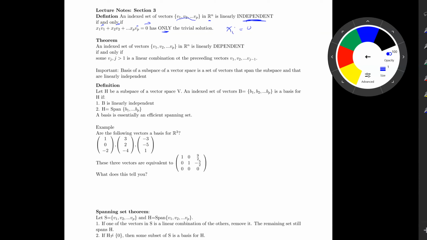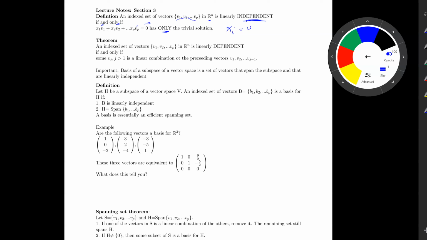Because there are two people that are related in the classroom, that makes the whole class dependent. So if there is any relationship between any two, a minimum of two, but there could be three vectors that have a relationship, it doesn't have to be all of them combined. Any little bit of a relationship, then I know the whole set is called dependent.